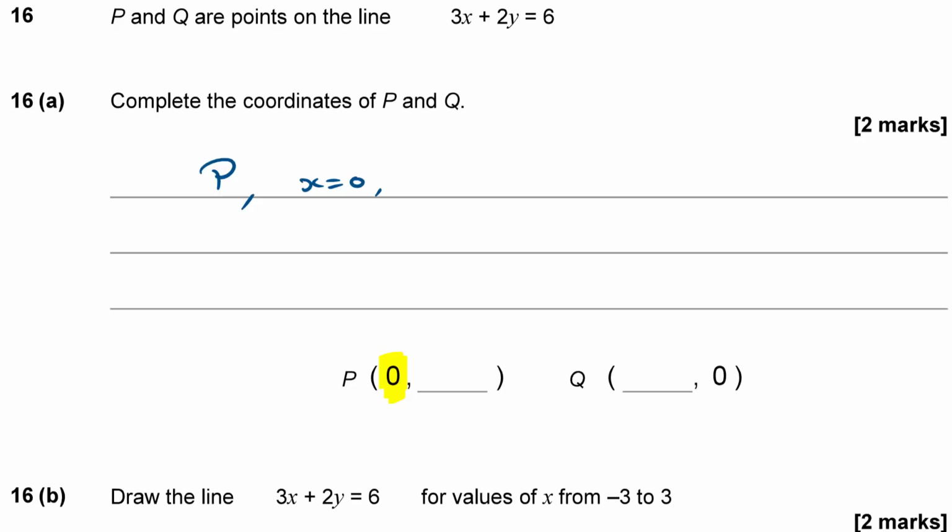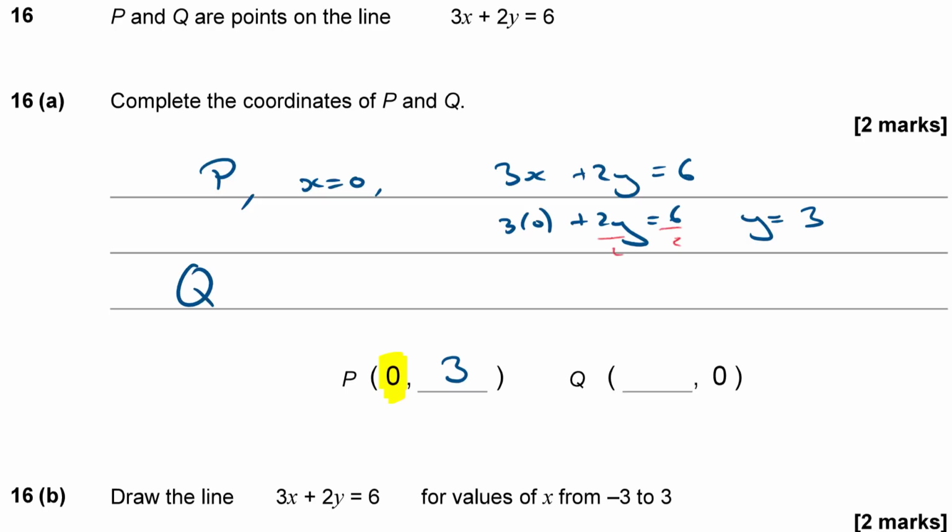So if we've got 3x plus 2y is equal to 6, and we know that x is 0, then we've got 3 lots of 0 plus 2y is equal to 6. So 3 zeros are 0, which means 2y is 6, which means y must be, dividing both sides by 2, y is equal to 3, aren't we? Y is 3. So this one here is 3.